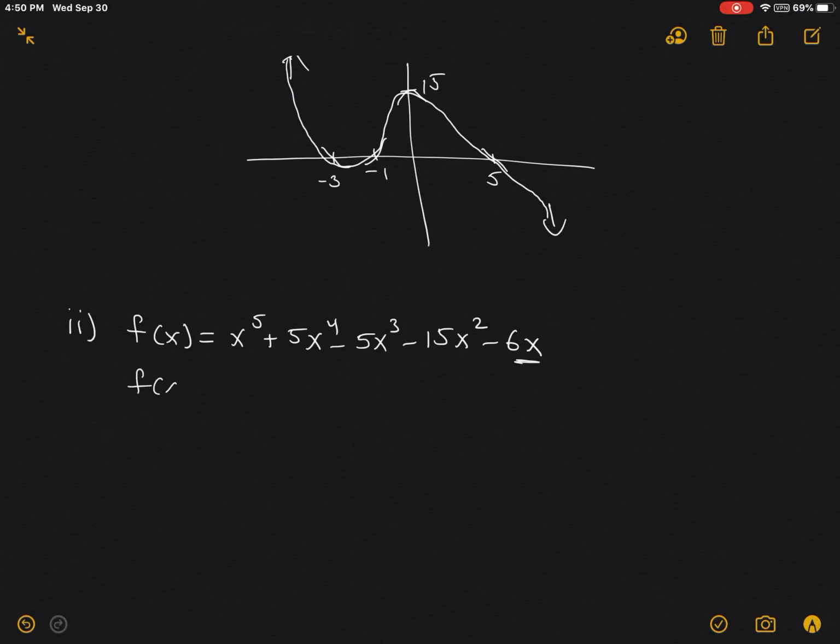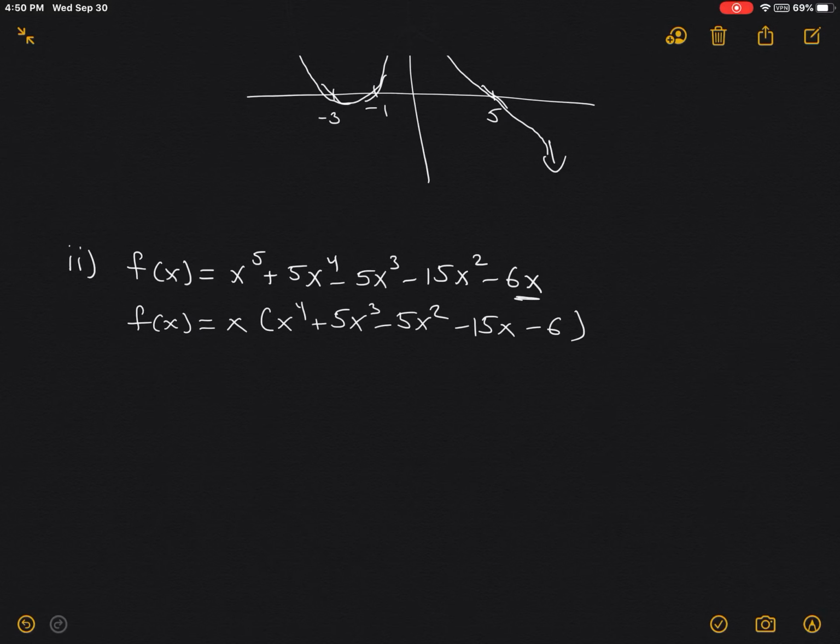Before I even begin, I'm going to factor out an x. And I have x to the 4th plus 5x cubed minus 5x squared minus 15x minus 6. So you already know one of the zeros is actually going to be 0, because if I set x equal to 0, the whole thing is 0. So it is factors of 6 over 1, but make sure you are able to factor out the GCF before you begin on this problem.